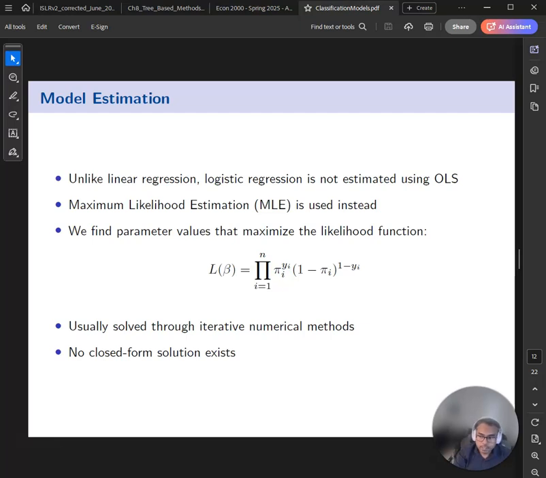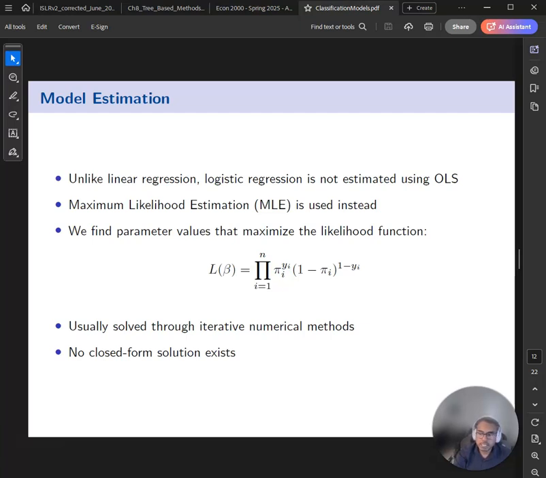This looks complicated, but it essentially is calculating the joint probability of observing all our data points given our model parameters. Unlike linear regression, there is no closed form solution to this. We can't just write down a formula and get our answer. Instead, we need iterative numerical methods to find the parameter values that maximize the likelihood function.